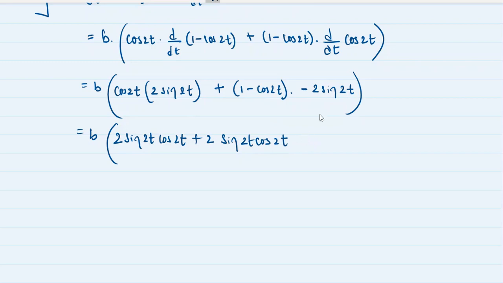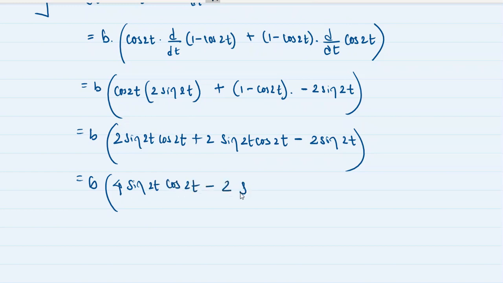Okay, and we get minus 2 sine 2t. So we get b bracket 4 sine 2t cos 2t minus 2 sine 2t.